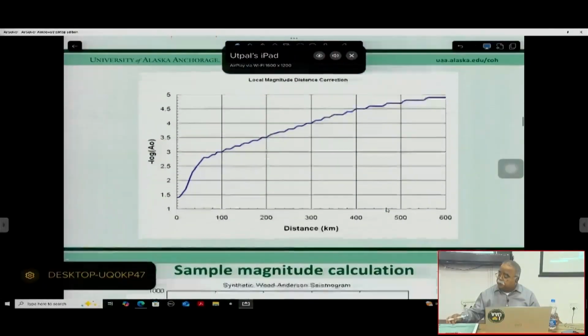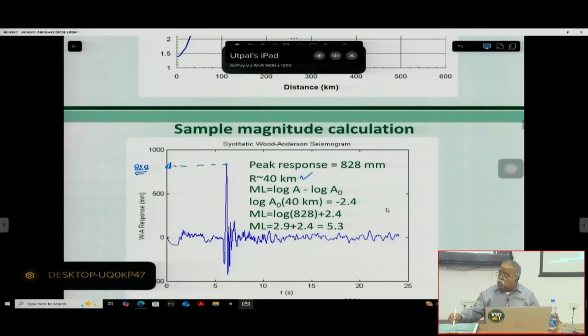So log A minus log A0, log A0 is minus 2.4. Log A equals log 828, plus 2.4. So this is 2.9 plus 2.4. That means the magnitude equals 5.3. So that's how you can calculate it directly.